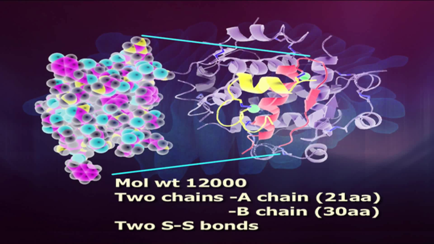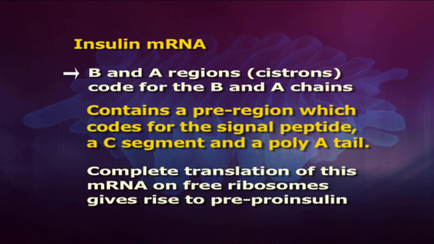The insulin produced by the beta cells of the pancreatic islet has a molecular weight of 12,000 and two chains, the A chain of 21 amino acids and the B chain of 30 amino acids. The chains are linked by two disulfide bonds. The insulin mRNA with its B and A regions, that are cistrons, code for the B and A chains.